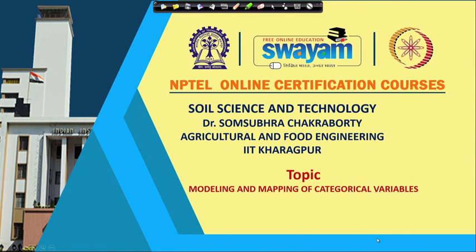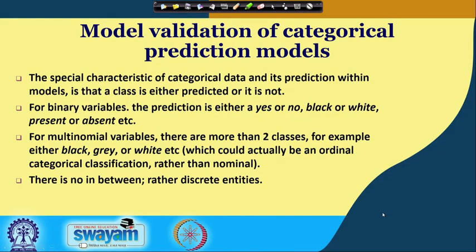So, guys, let us start another important topic, modeling and mapping of categorical variables. Remember that we have covered continuous variables, and now another important term is categorical variables. Sometimes it is very important to model the categorical variable in digital soil mapping also. Remember the special characteristic of categorical data and its prediction within the model is that a class is either predicted or it is not.